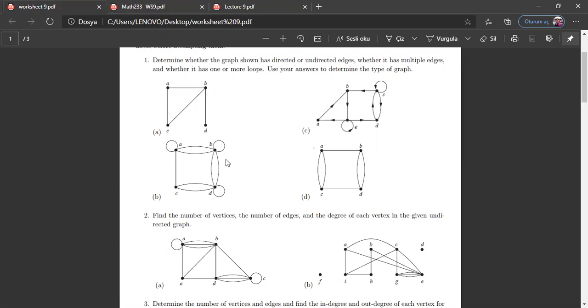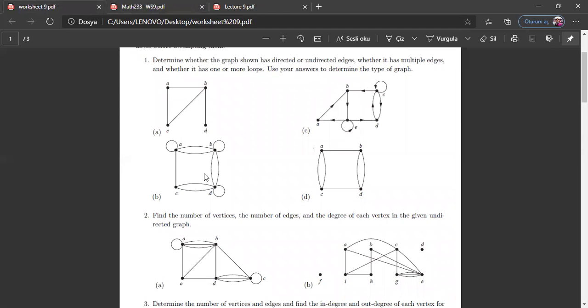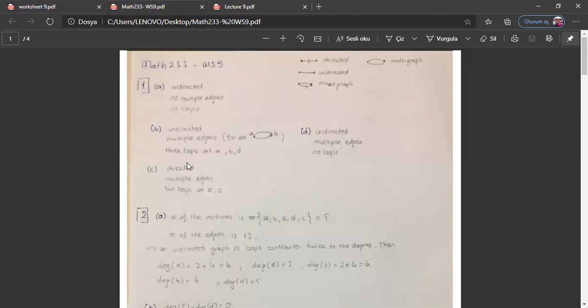There are two edges between B and D, and between A and B there are two edges too. So it has multiple edges. And there are loops, for example, for A, B, and D. There are three loops, so it has loops.